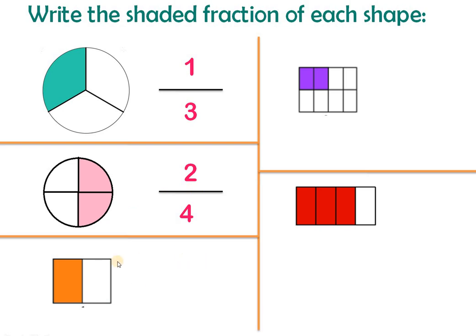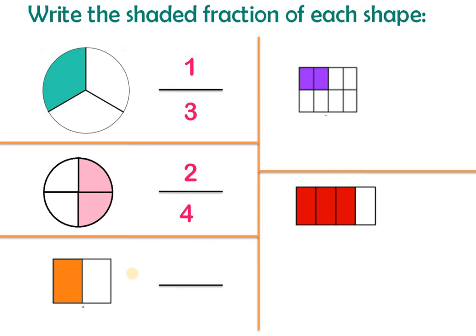Let's move on to the rectangle here. This rectangle has 2 equal parts. If we need to write the fraction for the colored part, first of all, we need to draw the fraction line, and then we have to count how many equal parts there are. 1, 2. 2 equal parts.